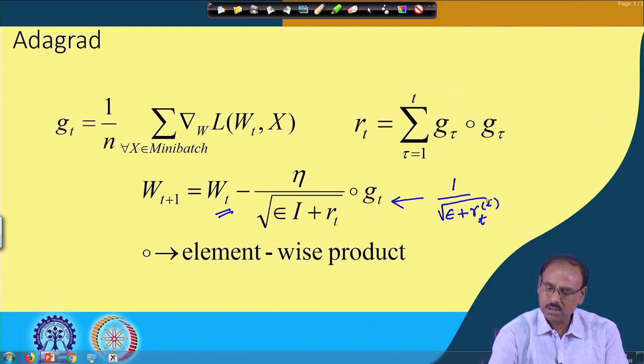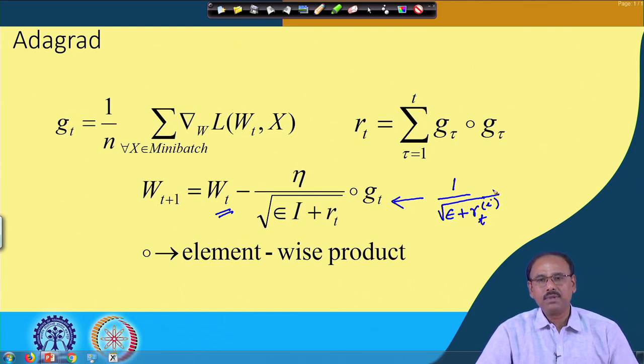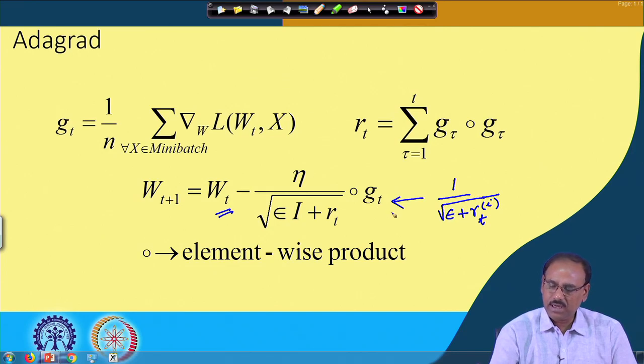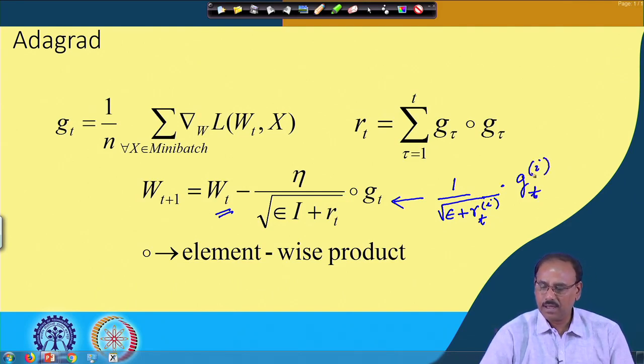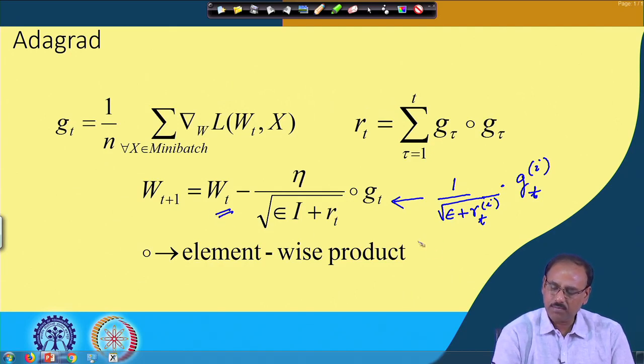This is the sum of the squares of the ith component of the gradient vector, and you take the square root of this, and it is multiplied by the corresponding ith component of the gradient gt, and that is added to the ith component of Wt.